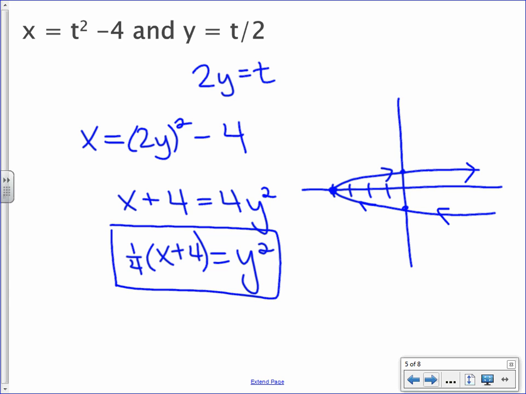We've already graphed it. If we hadn't graphed it, we could plug in 0 and figure out that we're there. Plug in 1, figure out that we're here. From 0 to 1, we're going this way, so we know our arrows need to go in that direction.